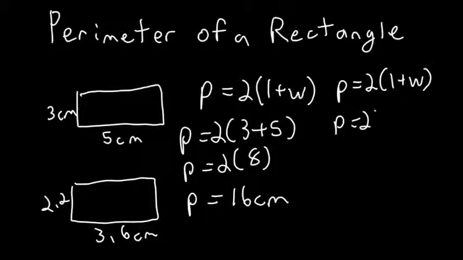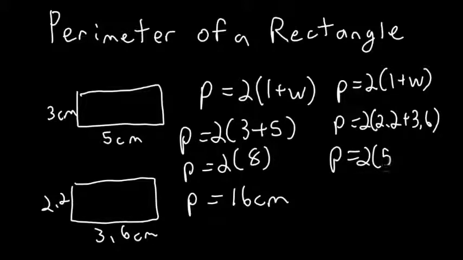Perimeter equals 2 times 2 2/10 plus 3 6/10. So your perimeter equals 2 times 5 8/10. So your perimeter equals 11 6/10 centimeters.